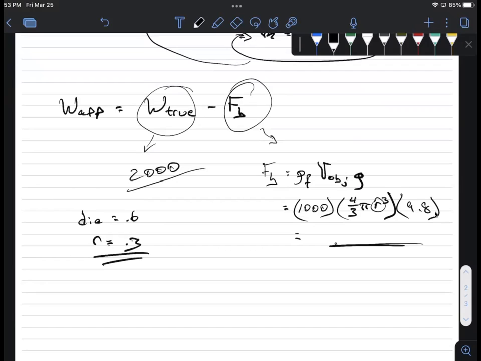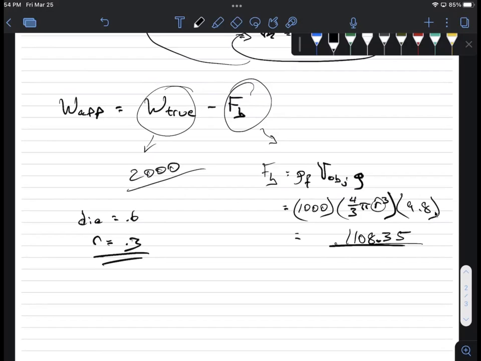So let me calculate really quick and just see what I get. 0.3 cubed times 4 pi divided by 3 times 9.8 times 1,000. Let me do this again just in case. 0.3 cubed times pi times 4 divided by 3 times 1,000 times 9.8. All right, I get the buoyant force is 1108.35 when I plug that in my calculator.